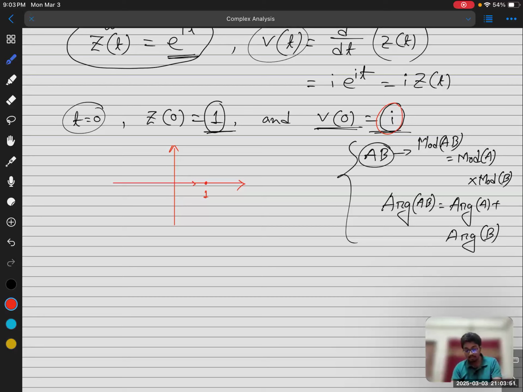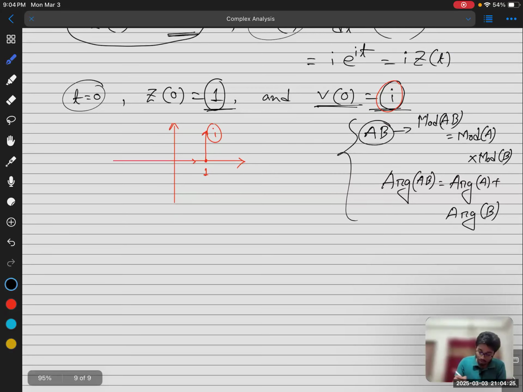That means it is basically pointed just upward. So from here we can say that initially the particle is moving upward. So at t equal to 0, our position vector is on the real axis and our velocity vector is moving directly upward, that is 90 degrees to the position vector.